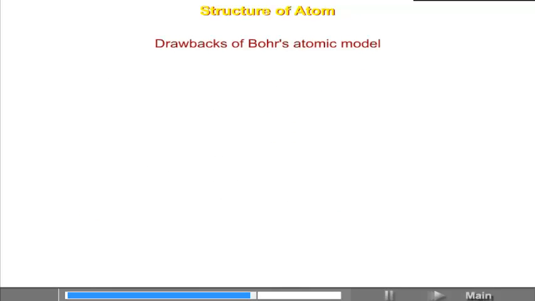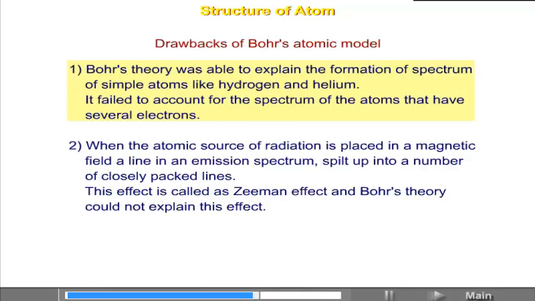Drawbacks of Bohr's atomic model. First, Bohr's theory was able to explain the formation of spectrum of simple atoms like hydrogen and helium. It failed to account for the spectrum of atoms that have several electrons.